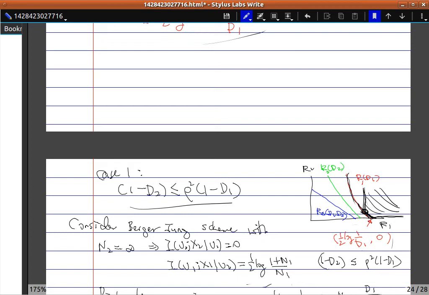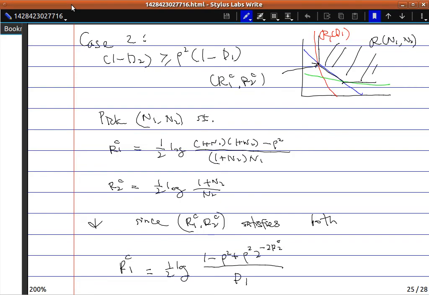So any point on the boundary of R1 D1 can be satisfied, and of course any point to the left of the boundary can be satisfied by simply padding rate for x1. So every point in the region of R1 D1 is satisfied. Therefore, the intersection of these three regions is also satisfied for this particular case.